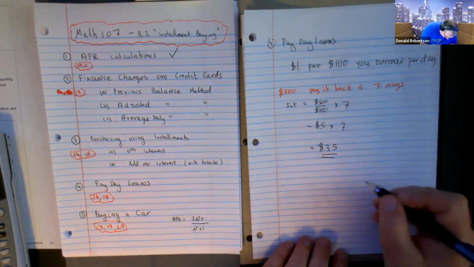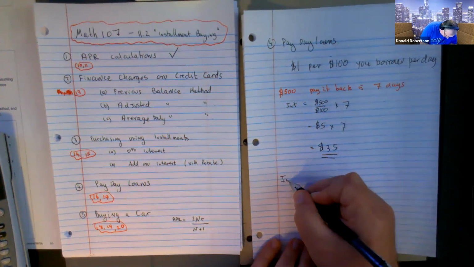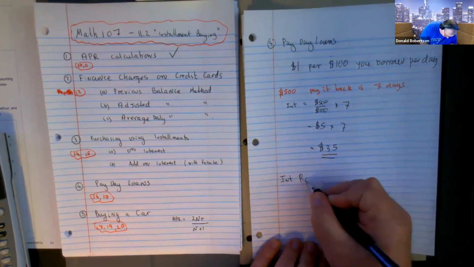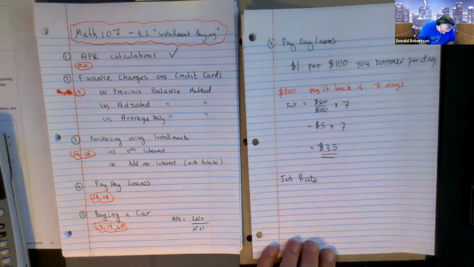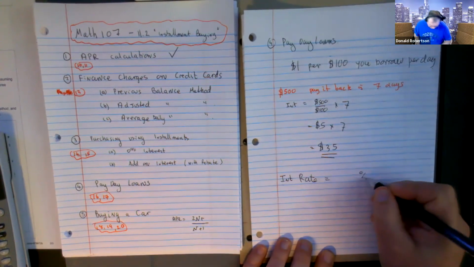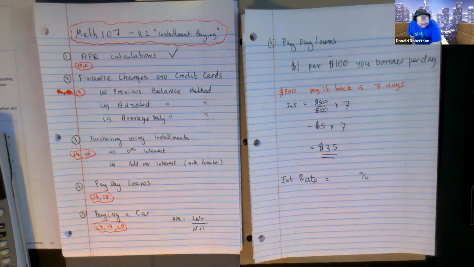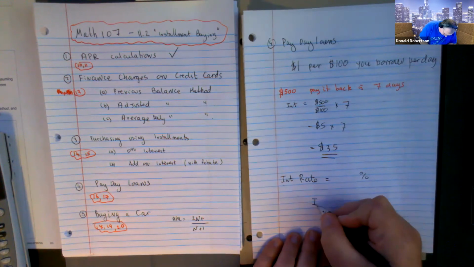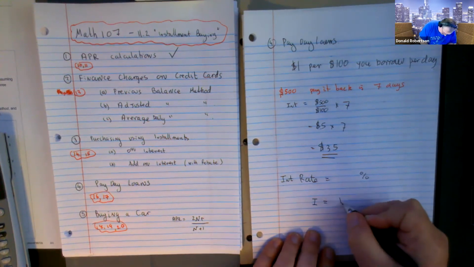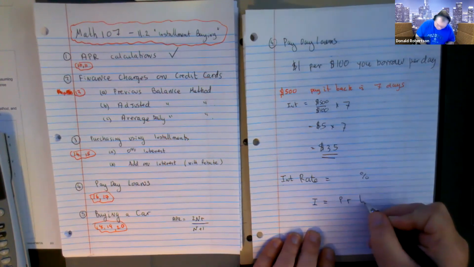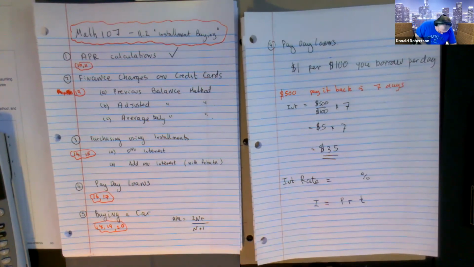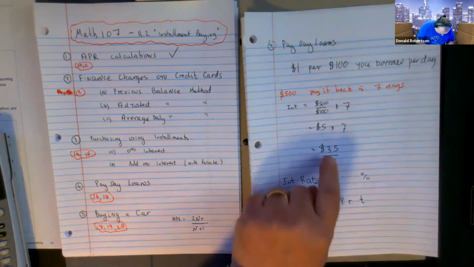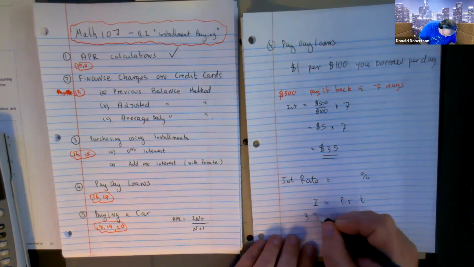Now what we're going to calculate is the scary one, the interest rate. Now, we have a formula. The interest is P, R, and T, agreed? Now the interest, not the interest rate, but the interest, is $35.